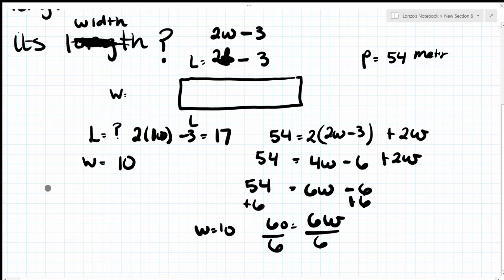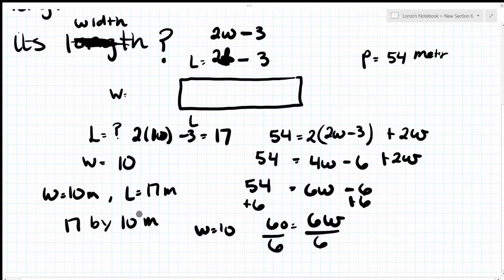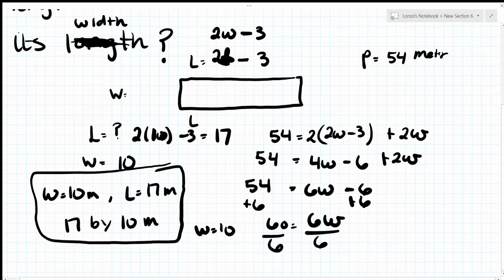So my width is 10 meters, and my length is 17 meters. Or we can say 17 by 10 meters. So that's how you solve that one.